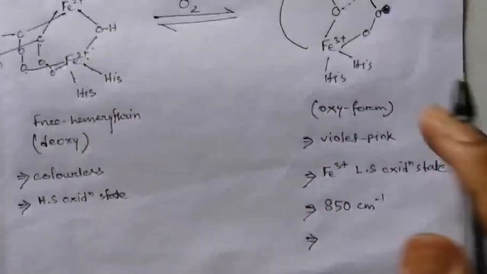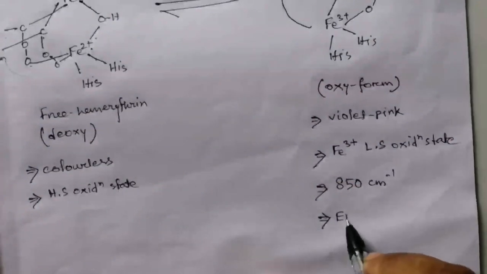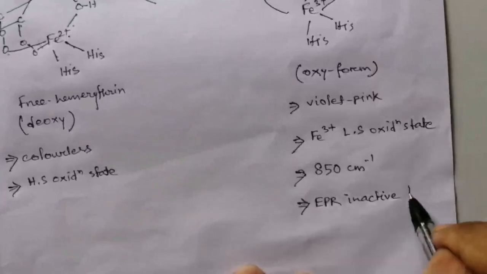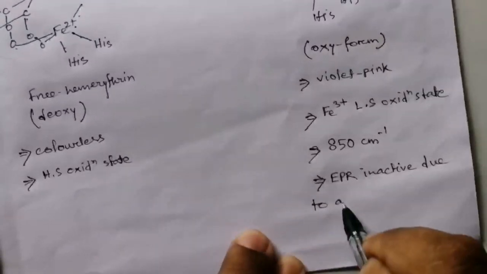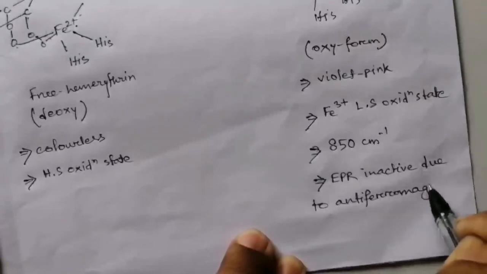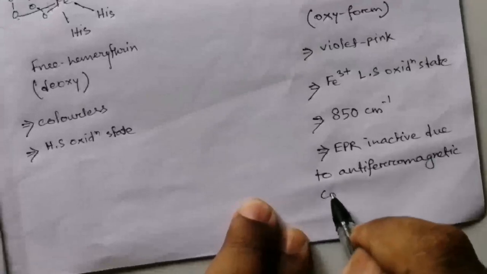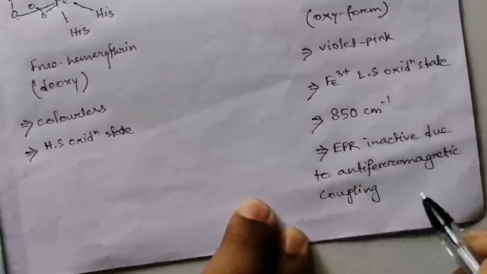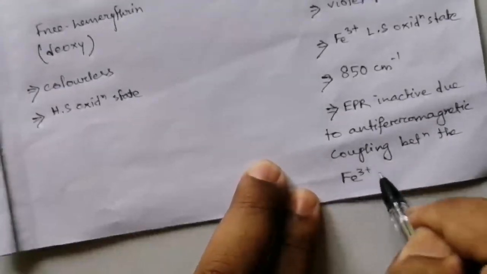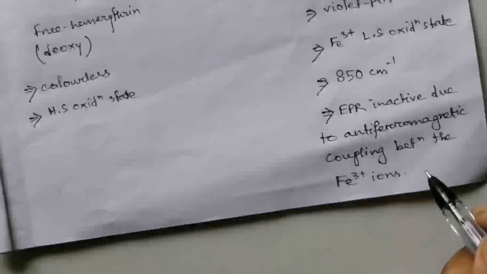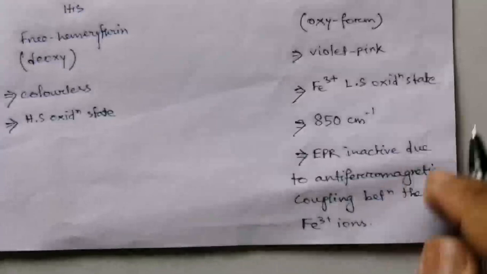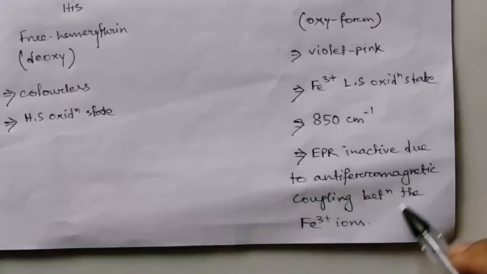This complex will be EPR inactive due to antiferromagnetic coupling between the ferric ions. That is, there will be no unpaired electrons present in the oxy form, and as a result it will be EPR inactive.